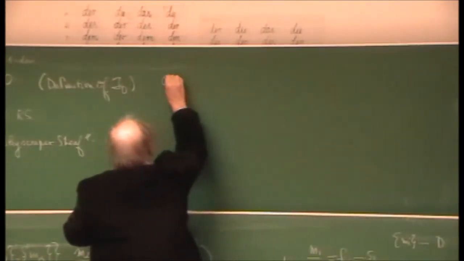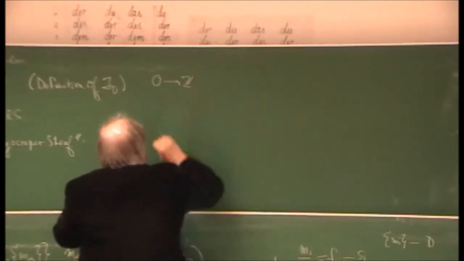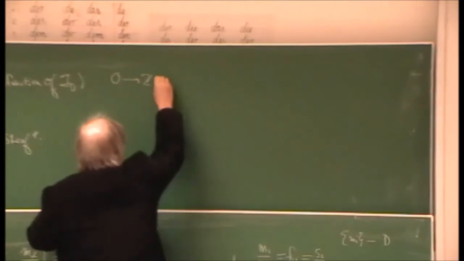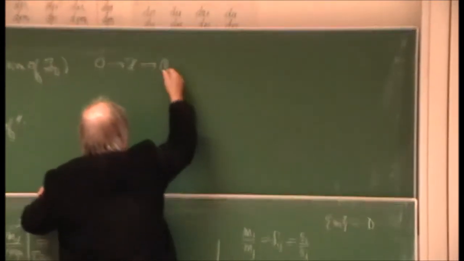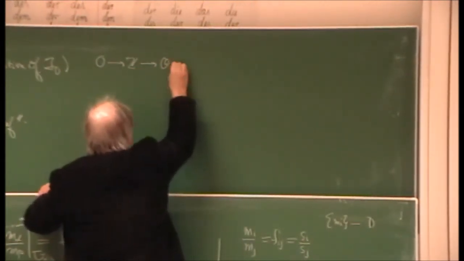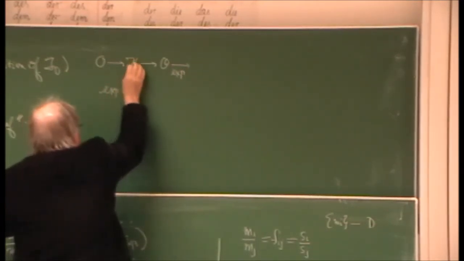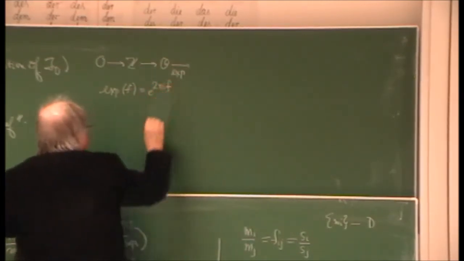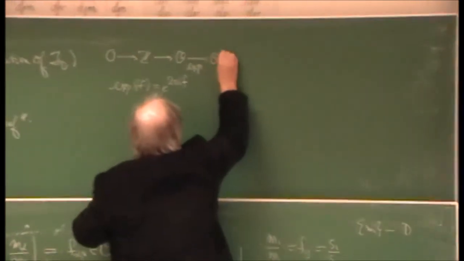Not so much with divisors. Here's one without a divisor. Let's have some fun. This is the constant sheaf of integers. I can visualize this inside the sheaf of holomorphic functions, it's completely obvious. And I have the exponential map, where the exponential of a function f is e to the 2 pi i f, and this goes to O star.